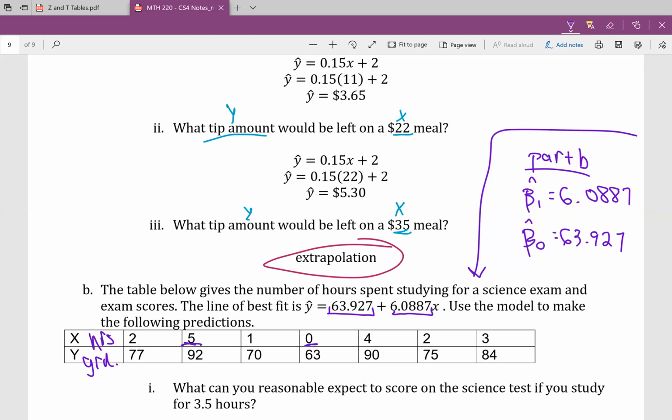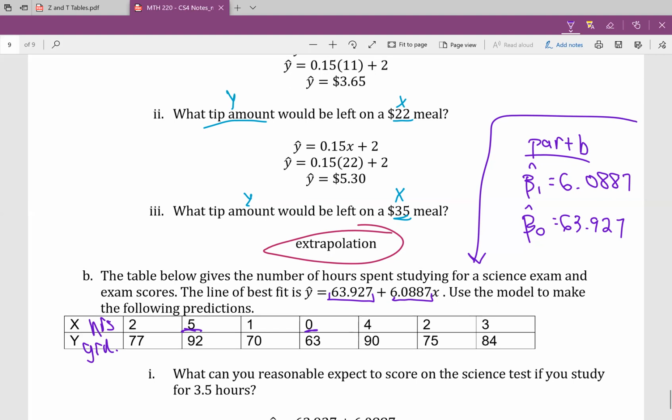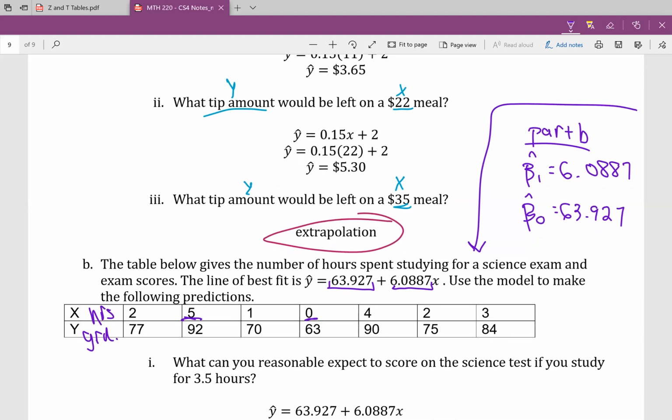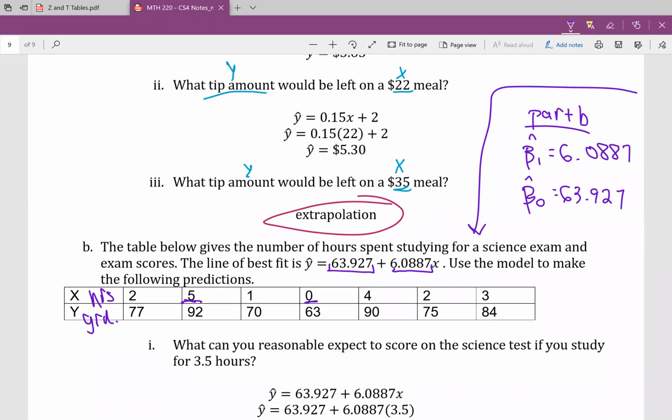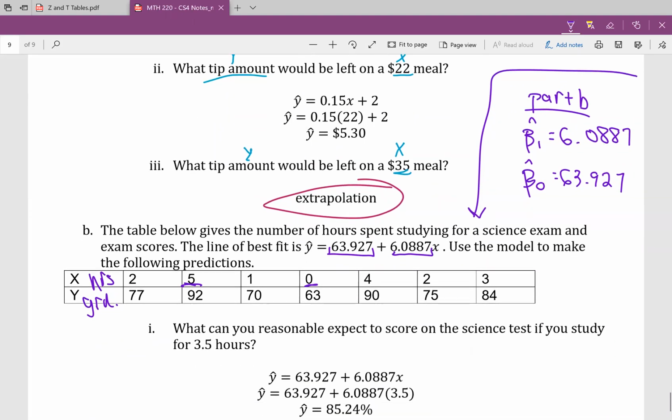So we're going to take our line of best fit given in the problem and plug in 3.5 for X. Once you plug that into your calculator, you get 85.24. Since we're talking about grades, that's a percentage. So if you study for 3.5 hours, you can reasonably expect to score around an 85.24%.